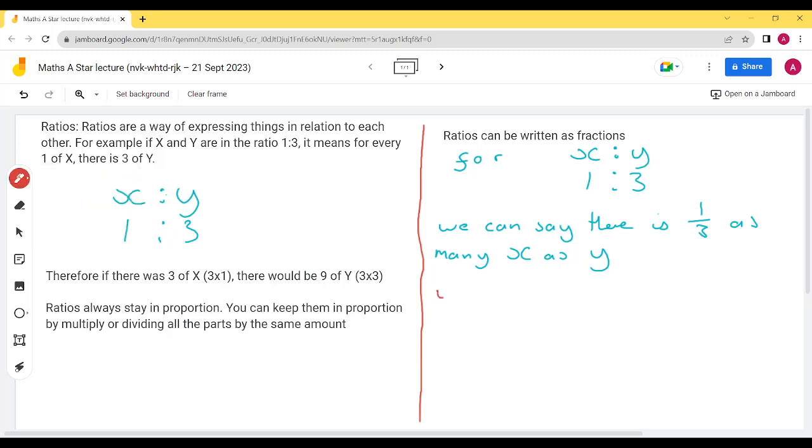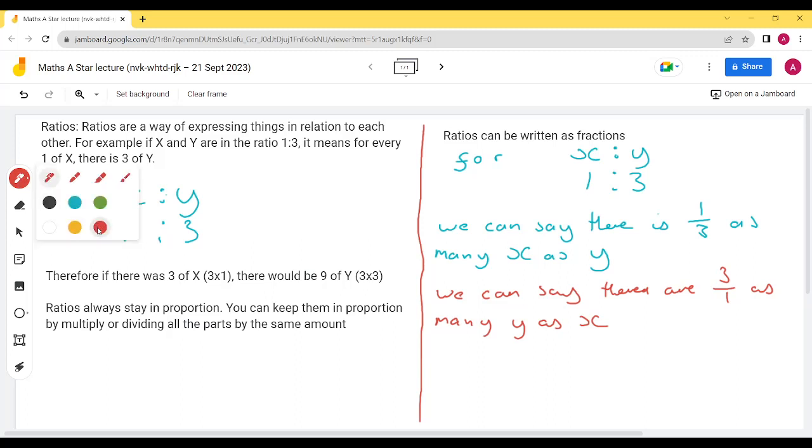Or we could write it the other way around: there are 3 to 1 as many y as x, putting y on the top. All of these mean exactly the same thing.